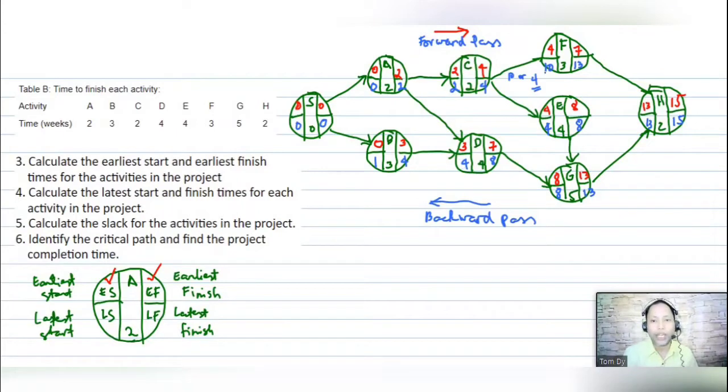For D, 4 and 8. For F, 10 and 13. For E, 4 and 8. For G, 8 and 13. And for H, 13 and 15. These are now our solution for question number 4: the latest start and latest finish time for each activity in the project.